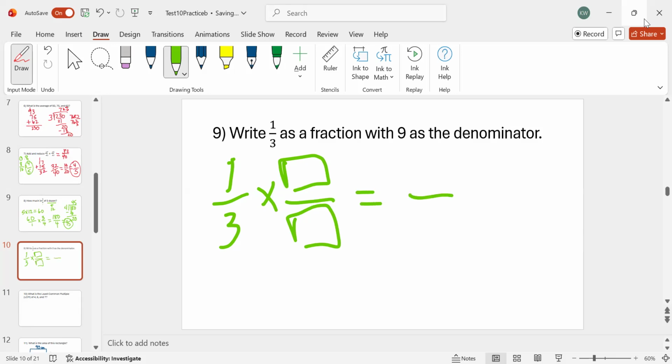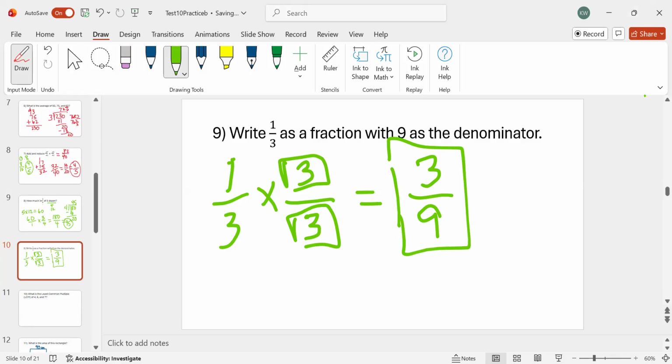And you want to end up with 9 in the denominator. Okay, we know that 3 times 3 is 9, so that means that this in the middle here has got to be 3 over 3, because that is equal to 1. And when you multiply that, that means our numerator is going to be 3. So our answer will be 3 over 9.